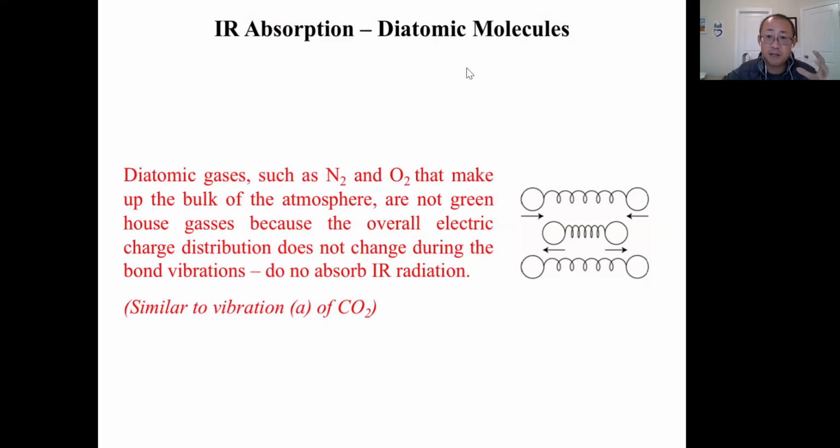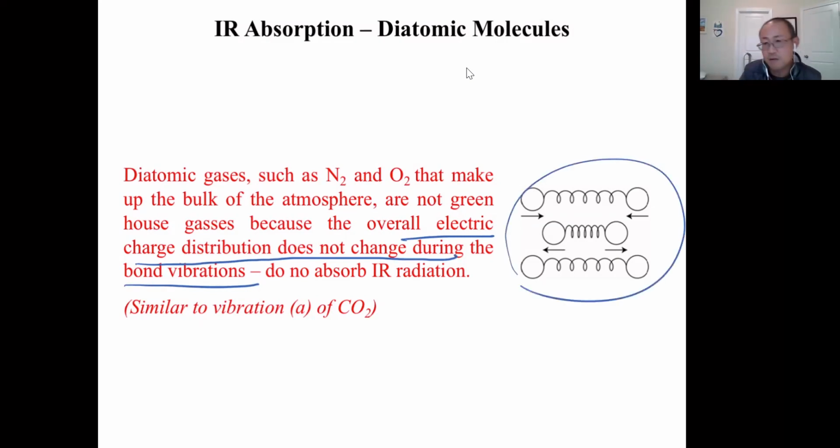And finally, we said only molecules with 3 atoms or more can cause IR absorption. Diatomic molecules, such as the main components of the air, nitrogen or oxygen, do not contribute to any IR absorption. They're not counted as greenhouse gases. The reason is very simple. Just like symmetrical stretching of CO2, the overall electric charge distribution does not change during bond vibration because they're symmetrical. No matter if you squeeze them or pull them like in these demonstrations, the overall charge distribution during vibration doesn't change.